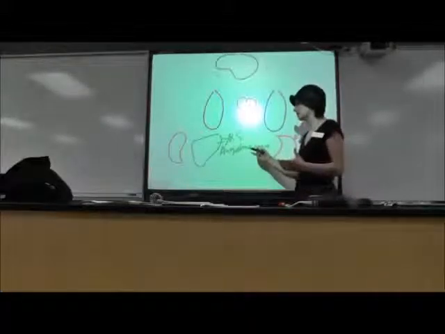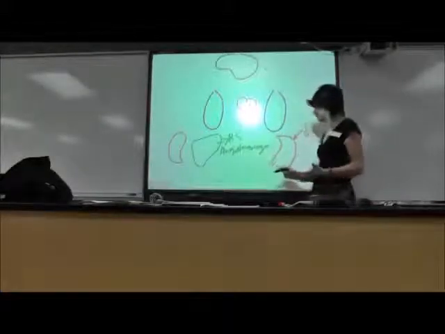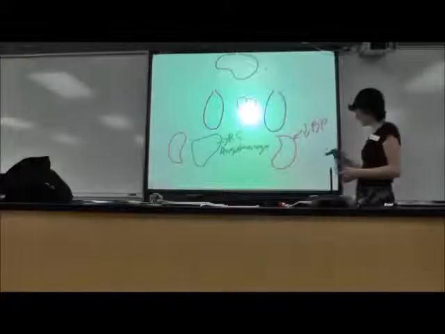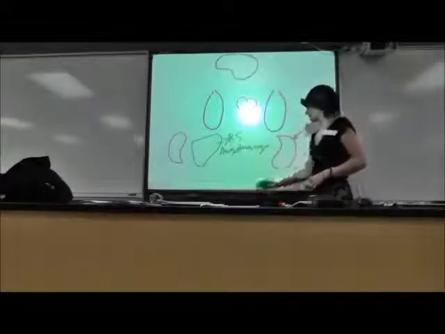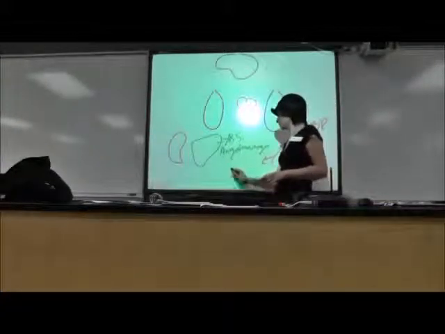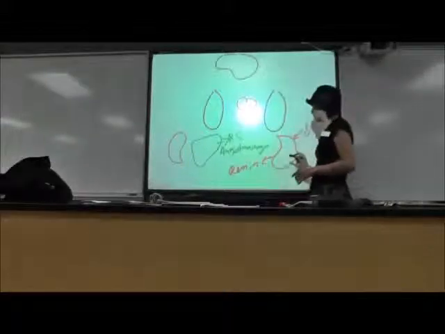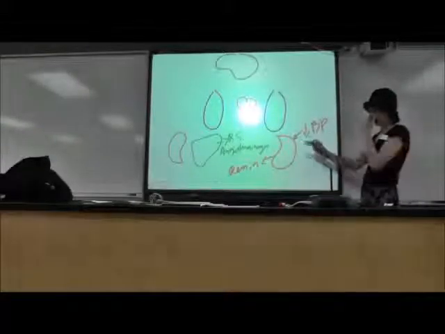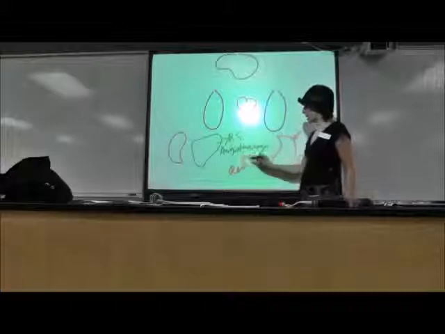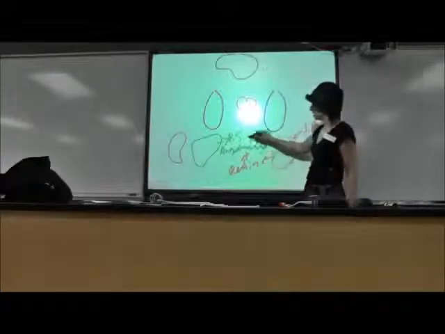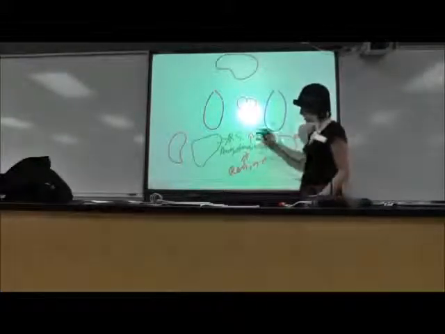So angiotensinogen is always being released by the liver, and as soon as we have a drop in blood pressure, the kidneys will start releasing renin. So you have a drop in blood pressure, you release renin. Renin combines with angiotensinogen to become angiotensin 1.